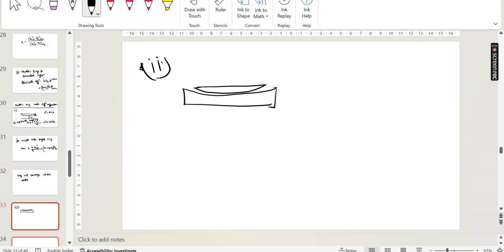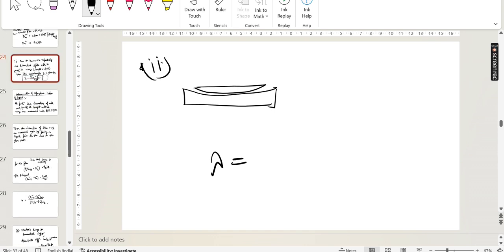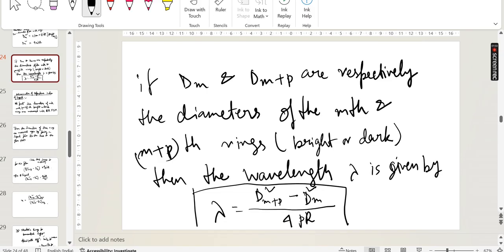So from that, the lambda equation becomes, from this, D_(m+p) whole square minus D_m square by 4pR, we get like this.